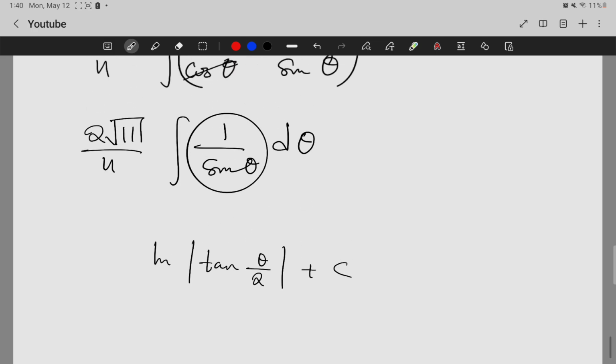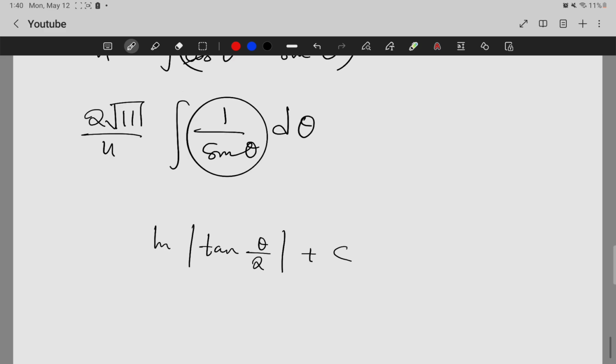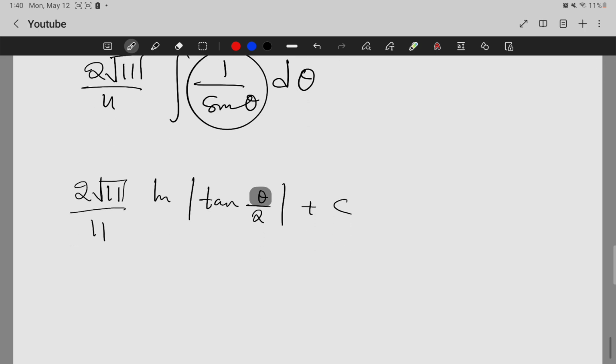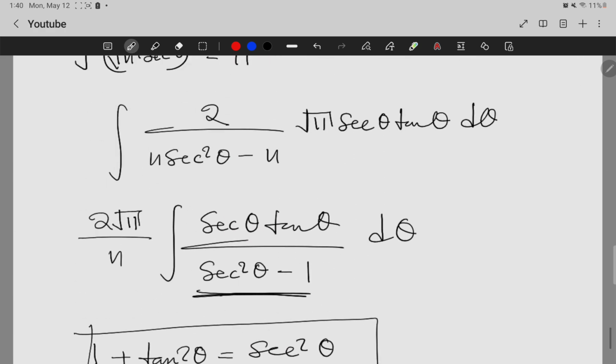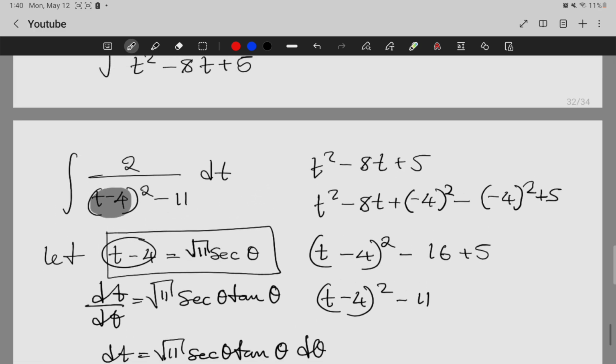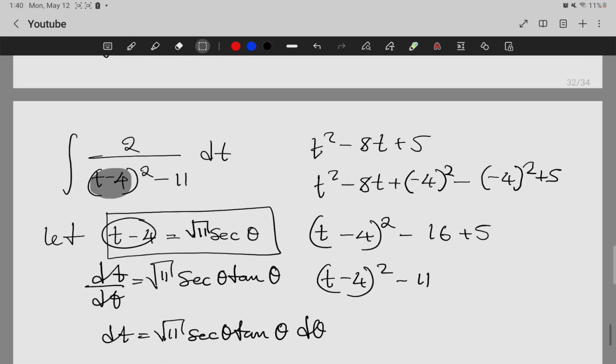Okay, so this is what my integral is going to be. So basically I'll have 2 root 11 over 11 and then multiplying this. So now this is the t, the recent t. I need to transform this from theta to the previous t. Since what I have here is tan theta over 2 in terms of t, I'll go back to where I defined theta, which was here.